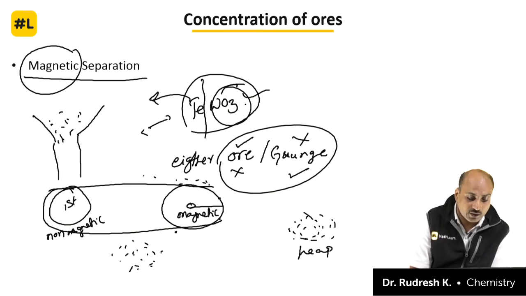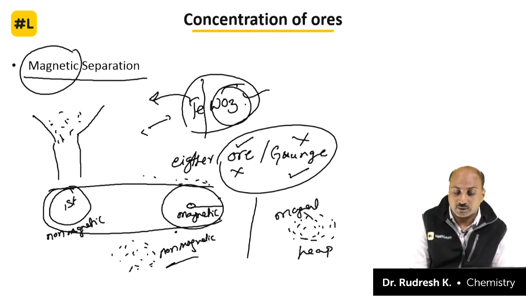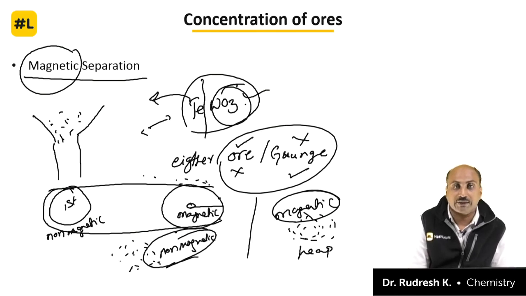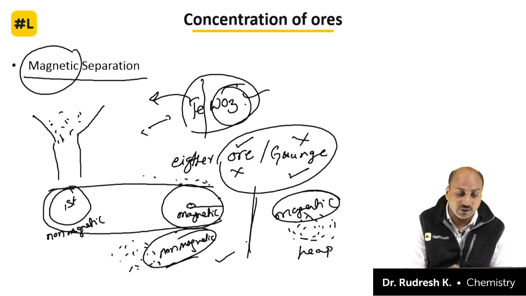So, now you can see very clearly that the first, which is thrown out, is non-magnetic, and the magnetic material is collected over here. That means we have two separate heaps, thereby we are able to separate the ore as well as the gangue particles by using magnetic separation.